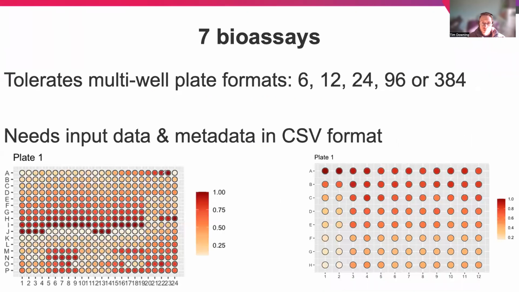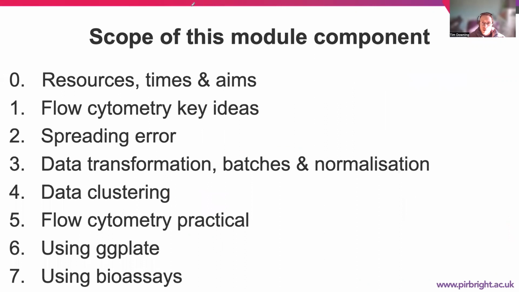Similarly, in bioassays, we're also going to look at different plate formats from 6 to 384. And we're going to see how we can use CSV data, import that, and send that to our plate to represent it in different ways, depending on what's of interest. So that's what's coming up in our labs. Please see the demonstration videos for more details on what we're actually doing in those different labs, where we'll talk about flow cytometry analysis and ggplate and the bioassays as well. So please look at those videos in the lab 1 and 2 folders.